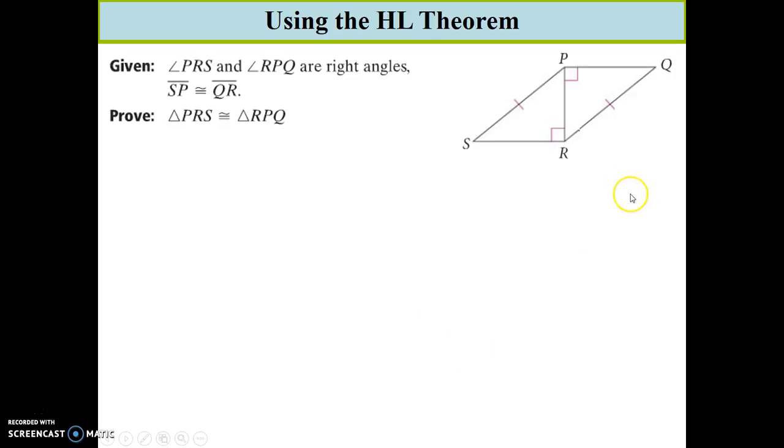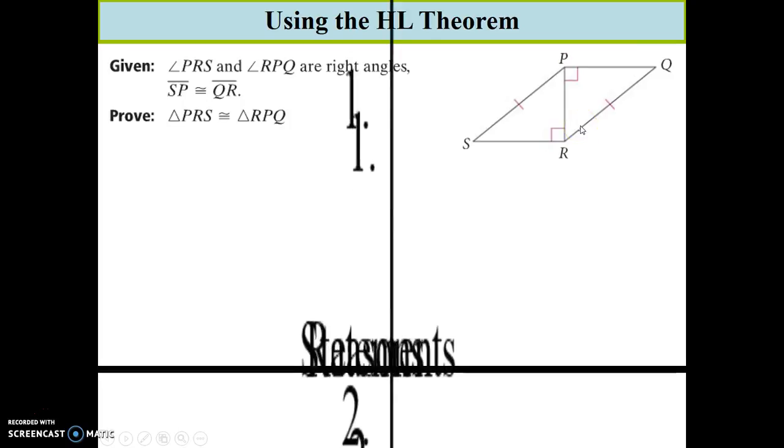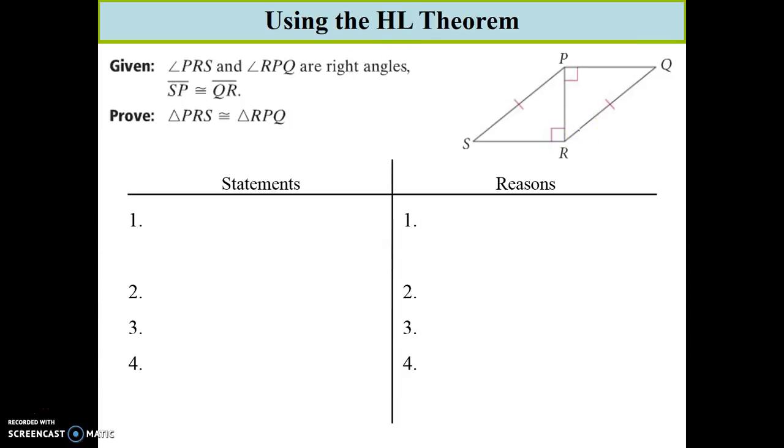All right, next one and last one for the day. We have angles PRS and RPQ, here and here, are right angles. And then SP is congruent with QR. So what I want you to do, take a look at this and see if you could figure it out. Do we have right triangles? Basically, we know they're right angles, so therefore they're right triangles.